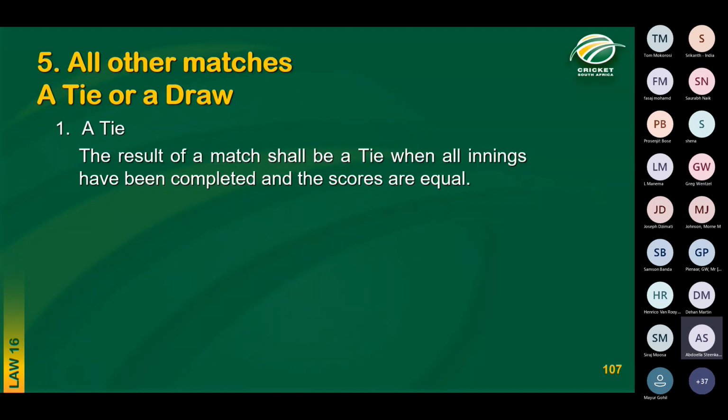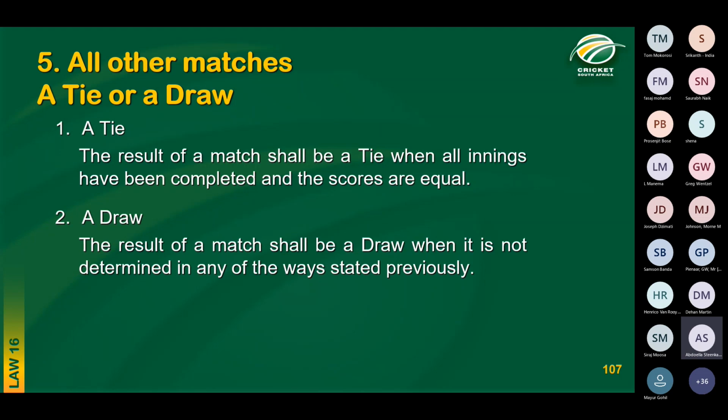So after 4 innings were completed, the scores are exactly 200, scores are tied, and that is a tie in a more day game. So what is a draw?